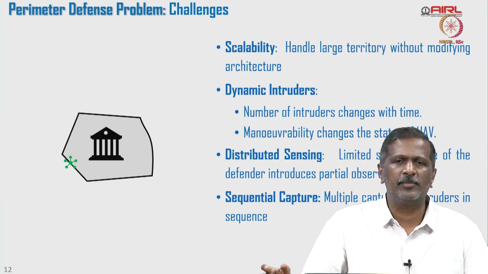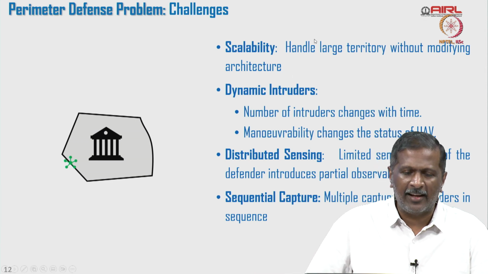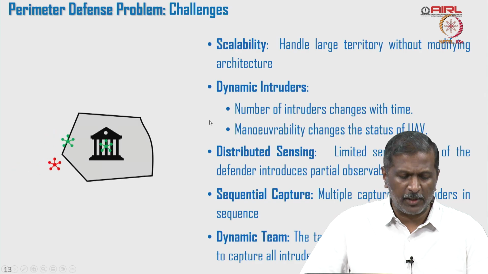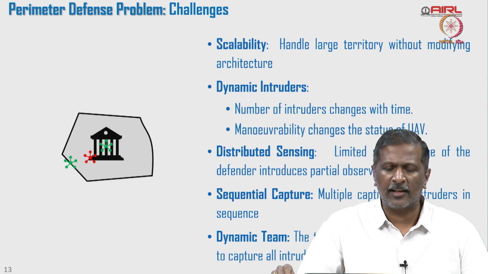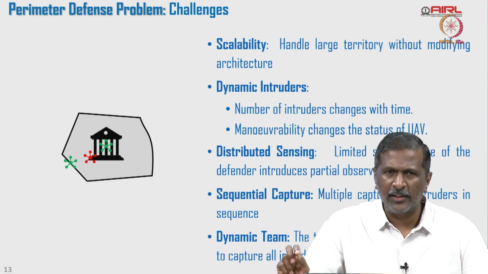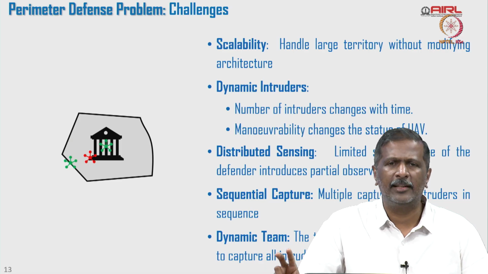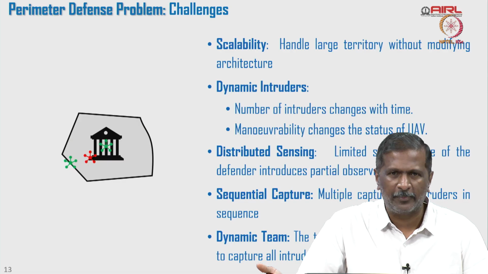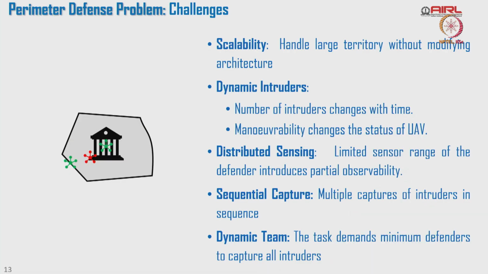They can't capture them simultaneously, they can capture them sequentially. That's a problem we are looking at, right. Let us say I capture one, by the time I capture the other one, it could enter. Let us say two intruders are approaching the territory simultaneously, but I have only one defender, I cannot capture both, right. In such cases you need to have dynamic defenders.